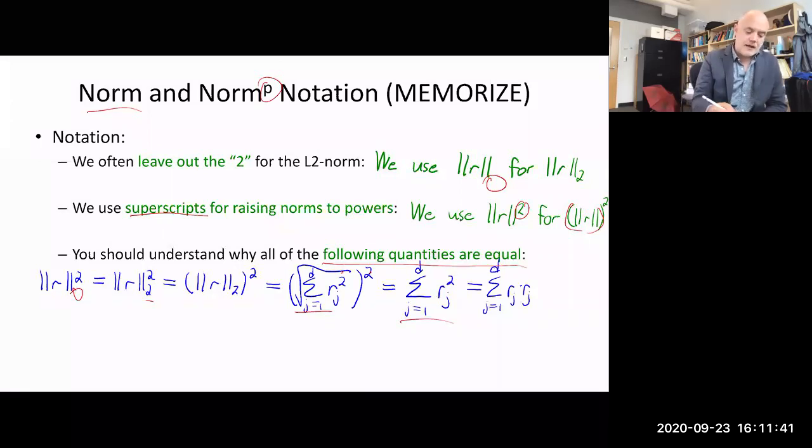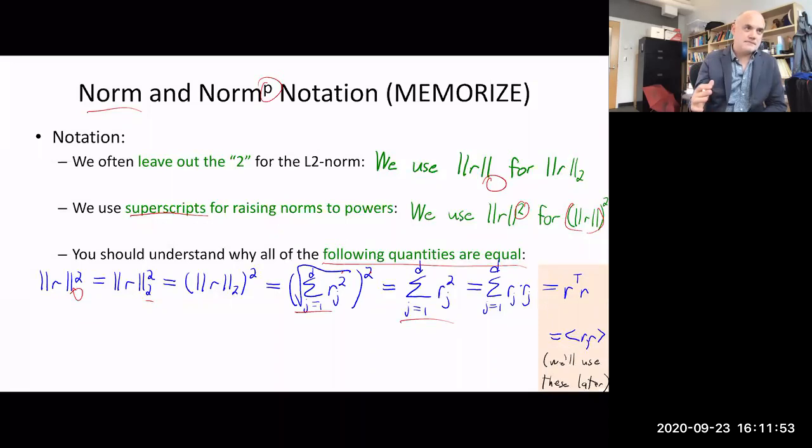This is the same thing as summing over the dimensions, multiplying the values in each element of the vector together. And that is the same thing as taking the inner product of the vector with itself, right? That's basically a dot product between R and itself.